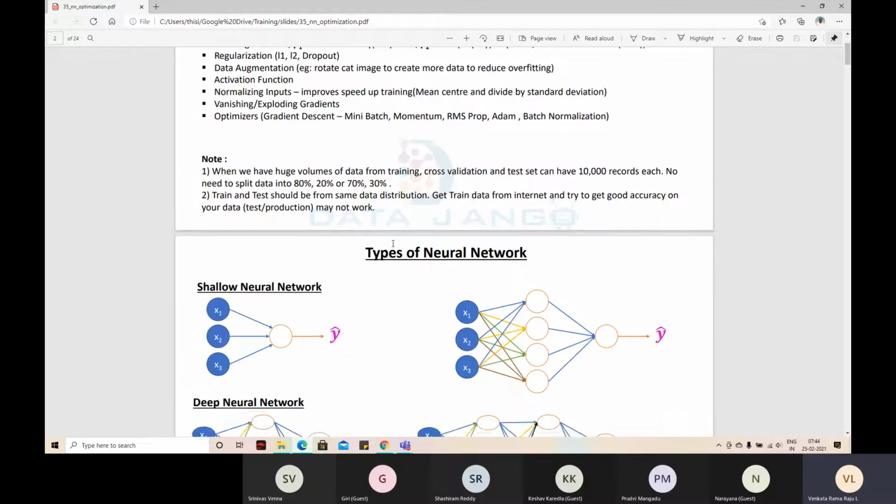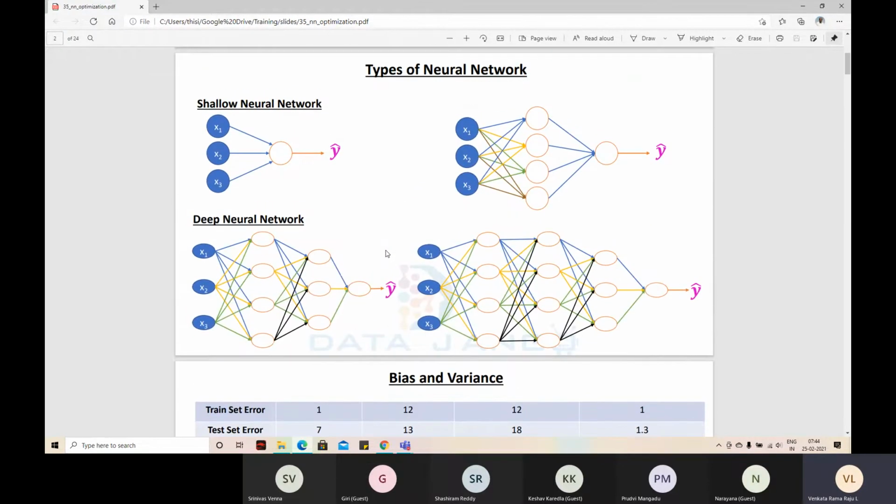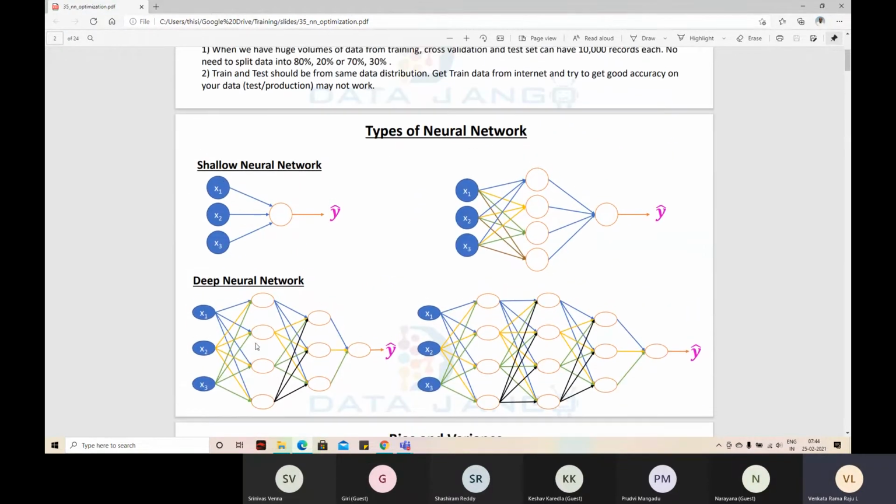I already explained it. There are shallow neural networks and deep neural networks. These two are the shallow neural network examples: only one hidden layer or no hidden layer at all. This is a normal logistic regression algorithm. You pass your input, and you have y cap, and that can also be called a shallow neural network.